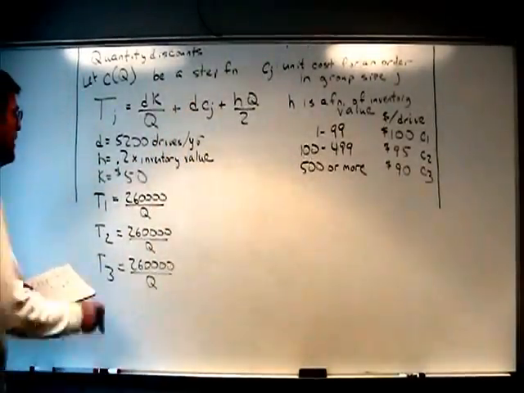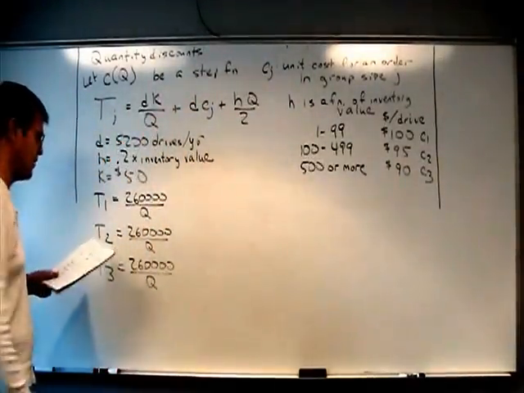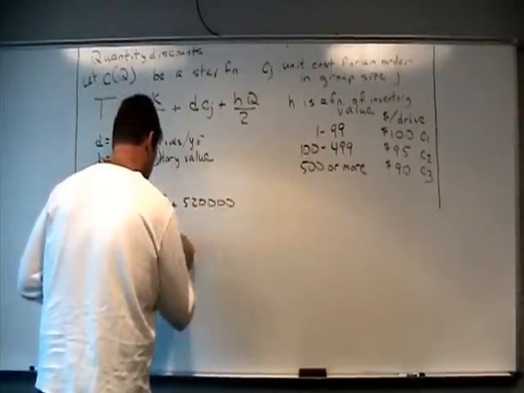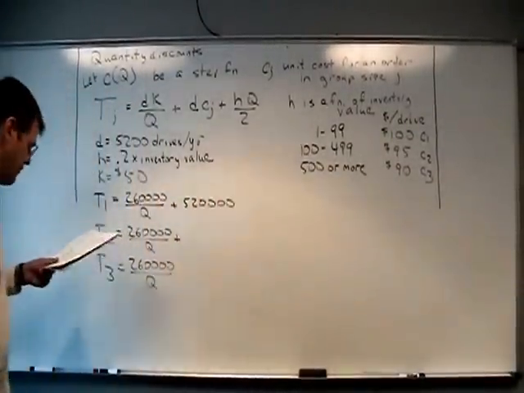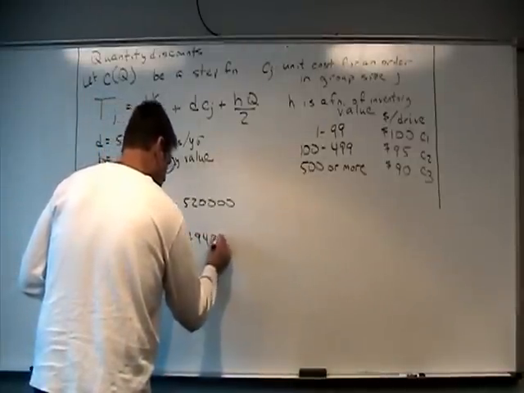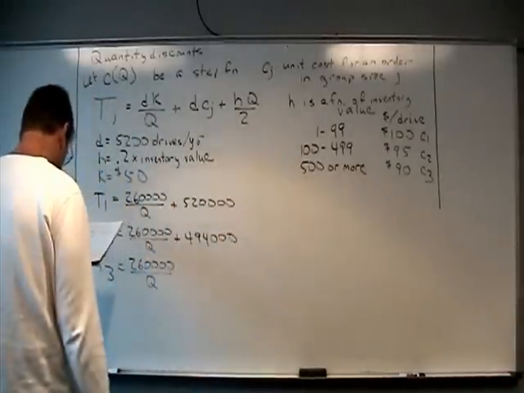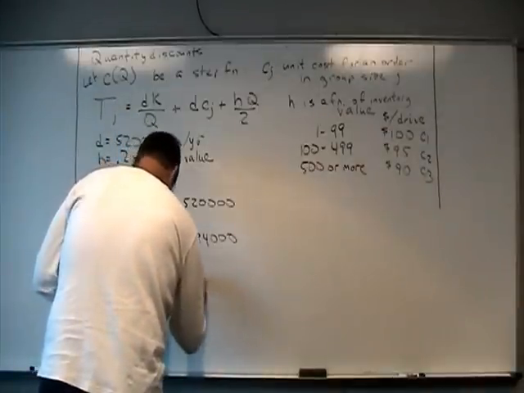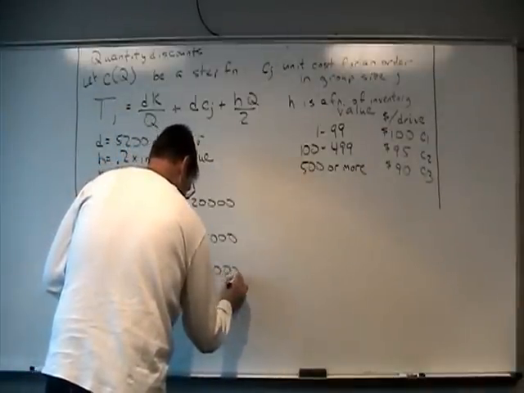So when the annual demand is 5,200 and the price is $100, we're going to add in $520,000 here. When the unit price is $95, this is going to be $494,000. And when the unit price is $90, this is going to be $468,000.